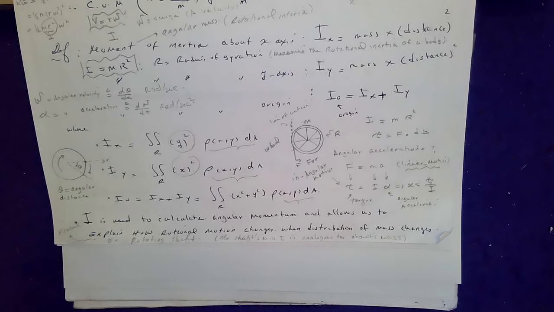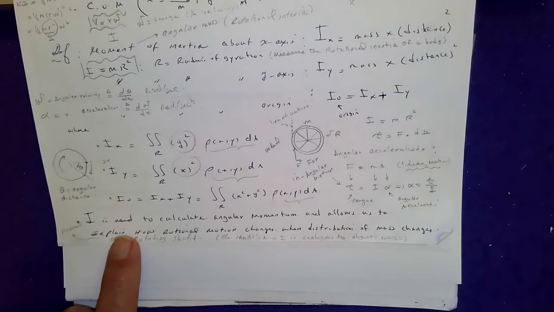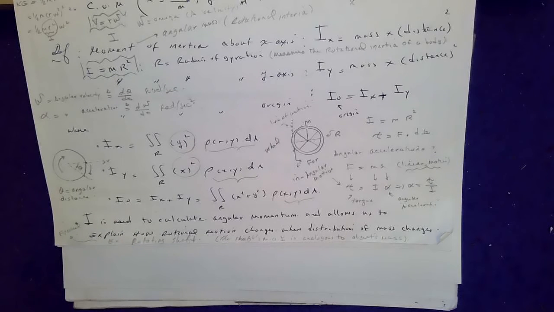What makes the car start and stop is the mass. What makes the wheels of the car, the tires, start or stop rotating has to do with moment of inertia, which is also called second moment. It has to do with how hard it is for an object to rotate.